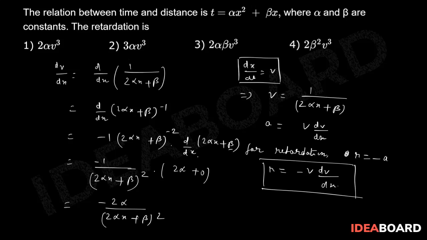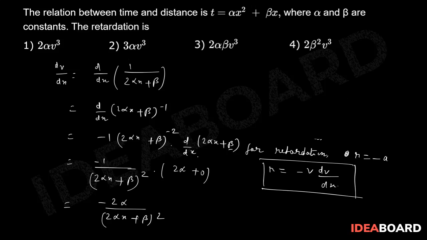Now for the value of retardation, we need to substitute the value of v, and we need to substitute the value of dv upon dx, to find out the answer. So we obtained the value of retardation.